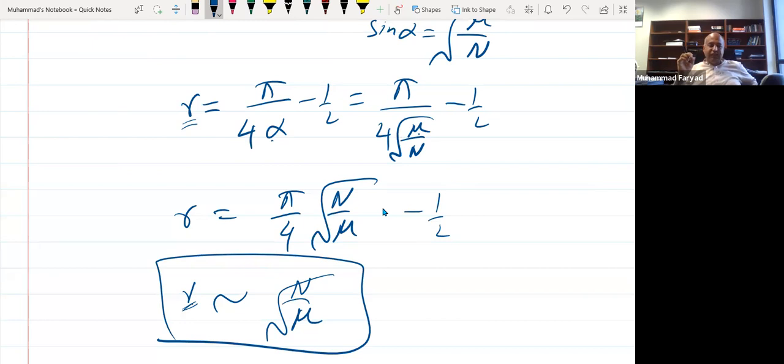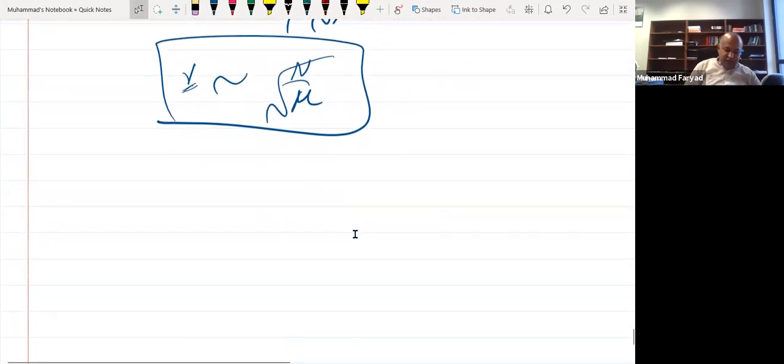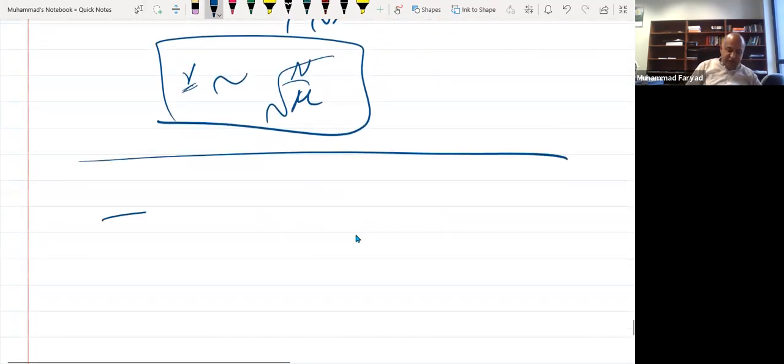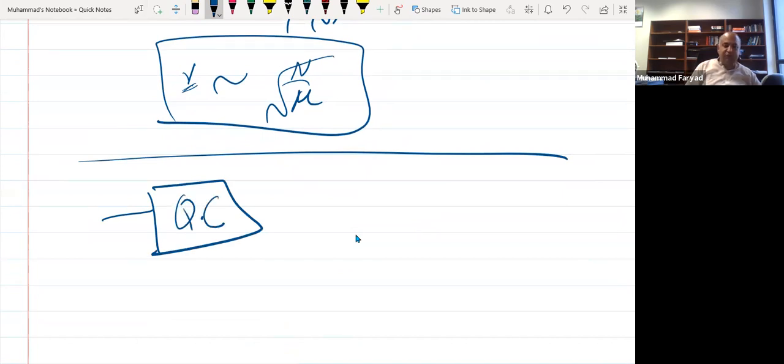Now the resolution of this problem will come when, in the next week or the following week, we study an algorithm known as the quantum counting algorithm. That algorithm can count the number of solutions in a search space without finding the solutions. And then we will have to run the algorithms in succession. So in general, the Grover algorithm will always be preceded by the quantum counting algorithm.